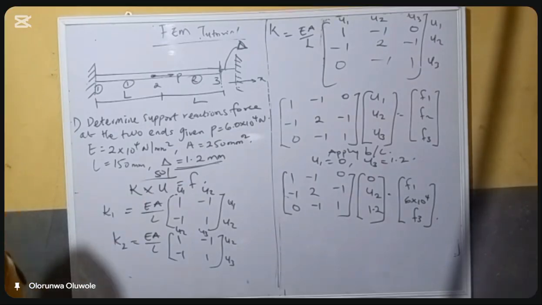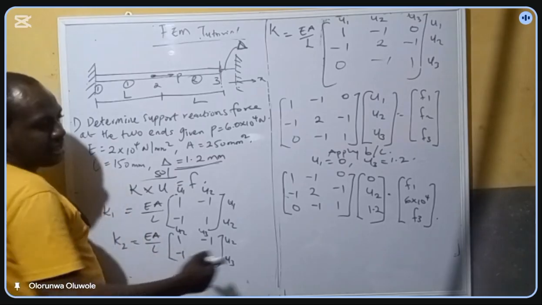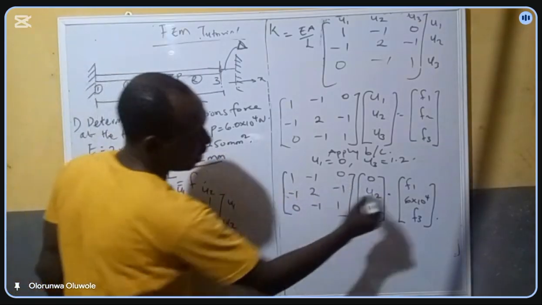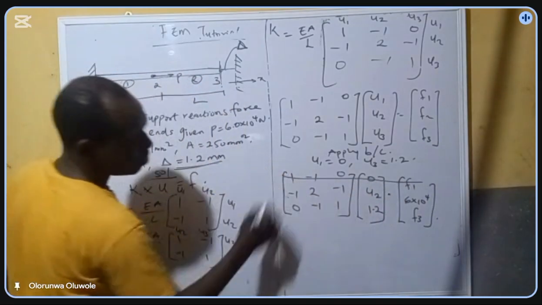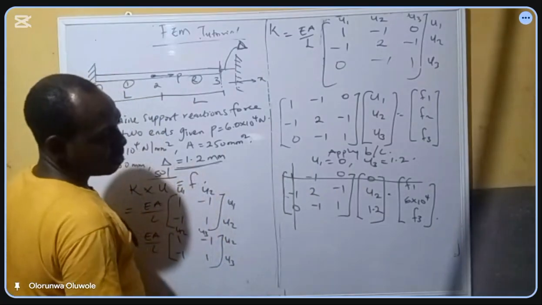No question. So if there's no question, then since U1 is 0, the first row and column will go.